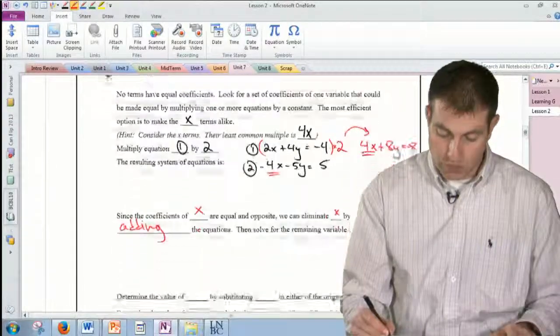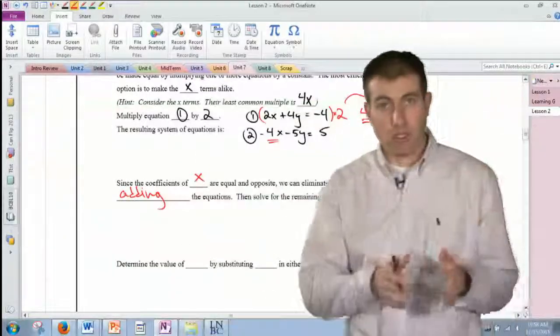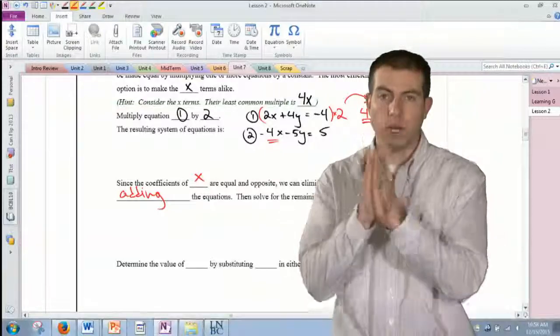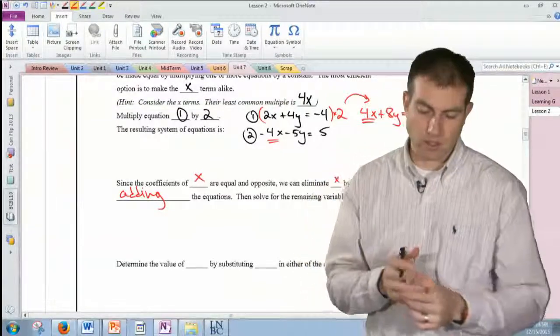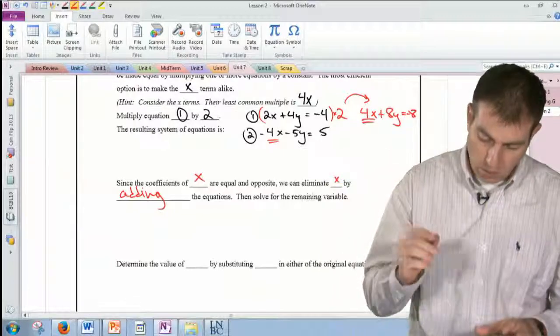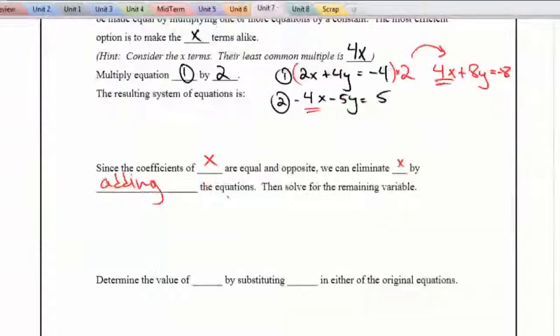We're going to rewrite the two equations vertically, so the x's are above the x's, the y's are above the y's, and then that extra number, the constants, are above each other. So I'm going to start with my equation here, 4x plus 8y is equal to negative 8. And then I'm going to have my second equation, which was negative 4x minus 5y is equal to 5.